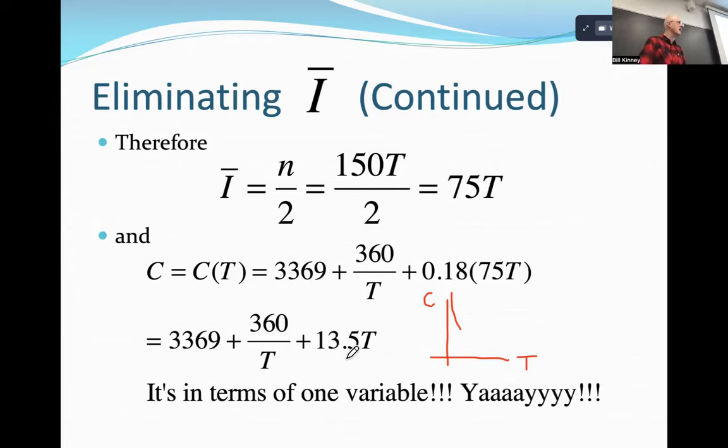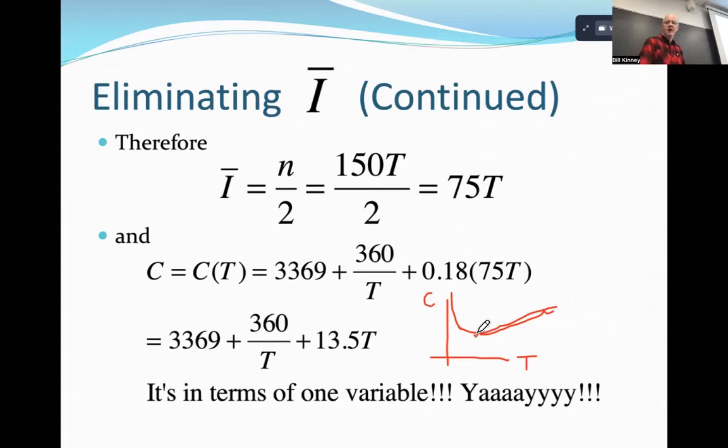But this quantity would be large. If T was over 1,000, this would be over 13,000. That's the dominant term when T is large. The graph acts like a linear function with a slope of 13.5 when T is large. It's not a perfect graph because it's hard to do with PowerPoint.